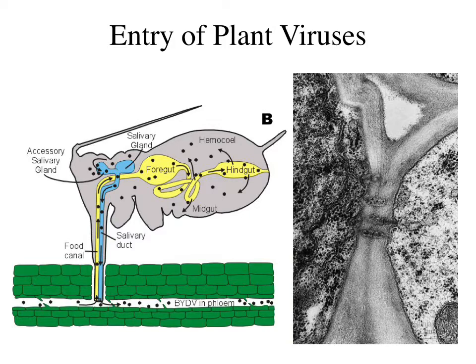The light gray would be the cell wall, and you can see the channels running through the cell wall, connecting the two different plant cells, and those are the plasmodesmata. So these channels allow for the movement of materials from cell to cell within a plant.